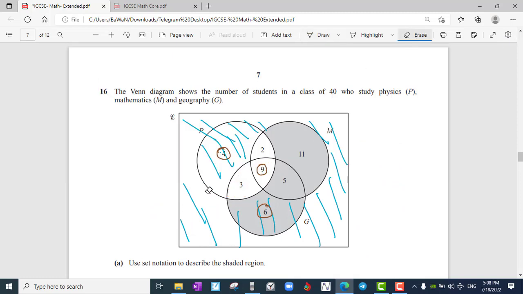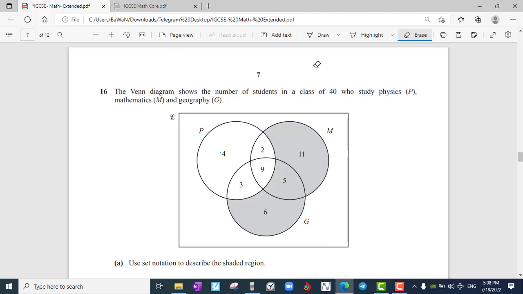So we are going to choose a student from geography. Let's find the total of geography because this will be the denominator for the probability fraction. 3 plus 5, 8, plus 9, 17, plus 6, 23. So the total is 23. This 23 will be the denominator of the probability fraction.